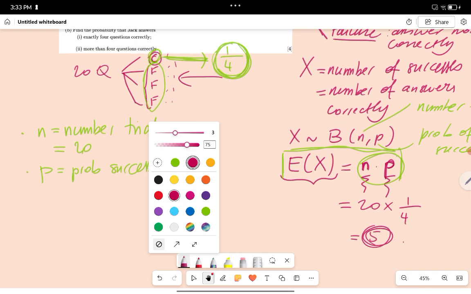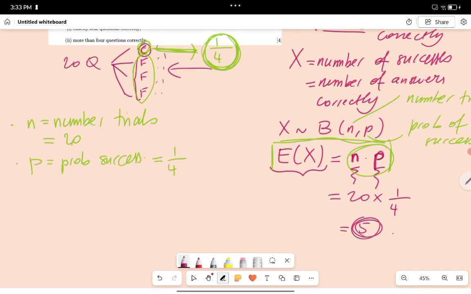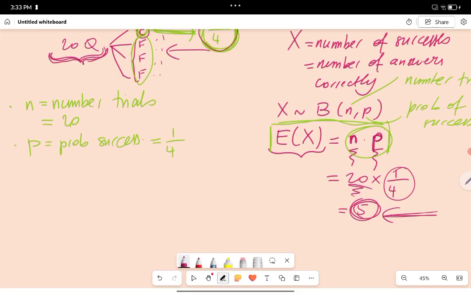If you have 20 questions, and every time you have a chance of 1 over 4 to answer correctly, how many expected questions will you answer correctly? That will be 5, right? Because you've got 20 questions in total. You just multiply by the probability that you're going to answer correctly. So this is how you compute the expected value in a binomial distribution. So this is important, guys.